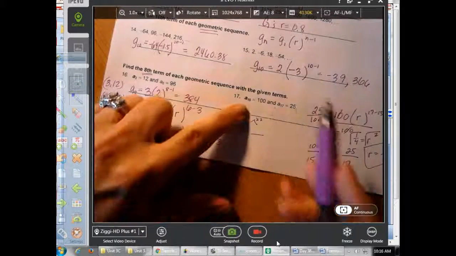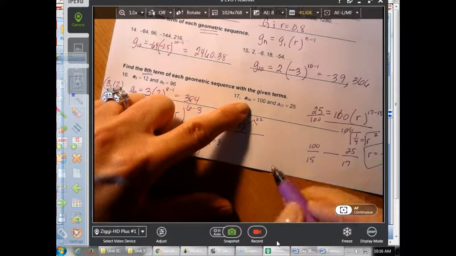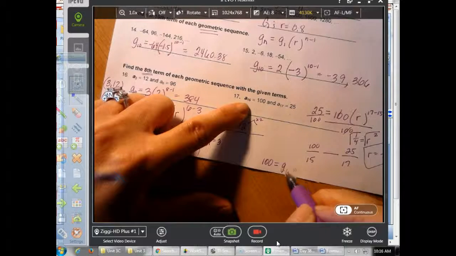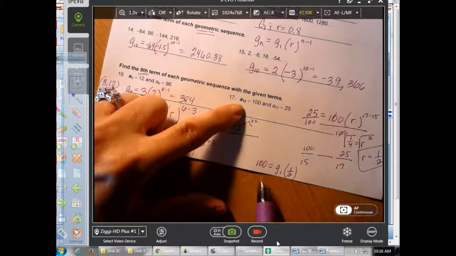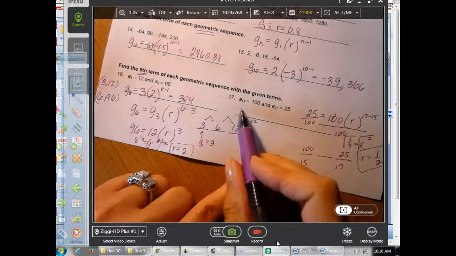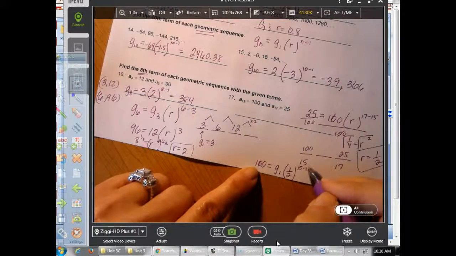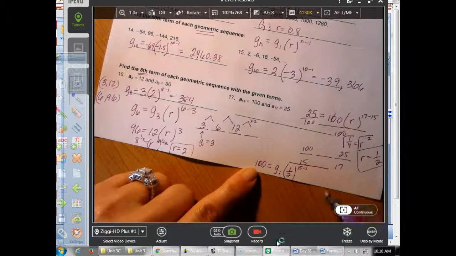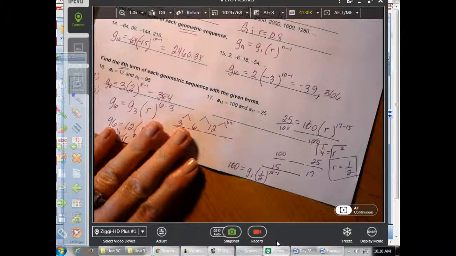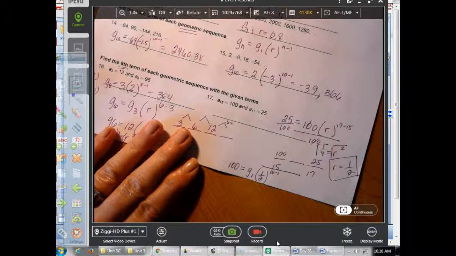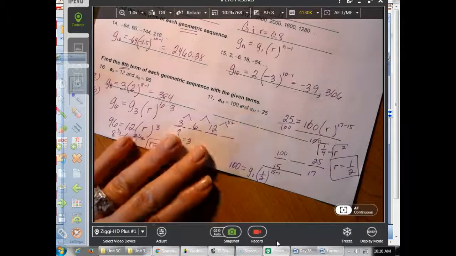So I'm going to say if I know the 15th term is 100, I don't know my starting term, I know my ratio is 1/2, and I know that this value of 100 is the 15th, so I'm going to do 15 minus 1 here. So what I have to do is divide both sides by 1/2 to the 14th power. So 100 divided by 1/2 raised to the 14th power is going to give me a really big number.